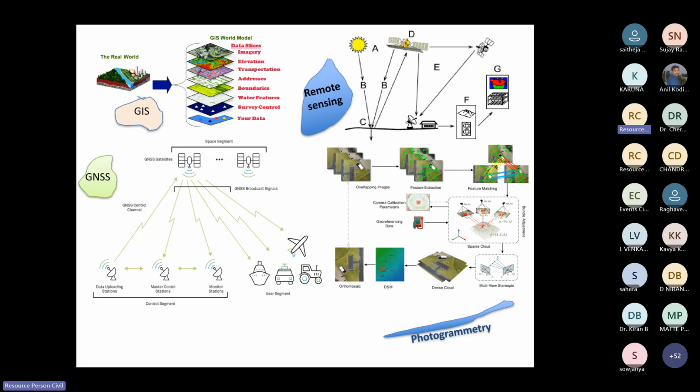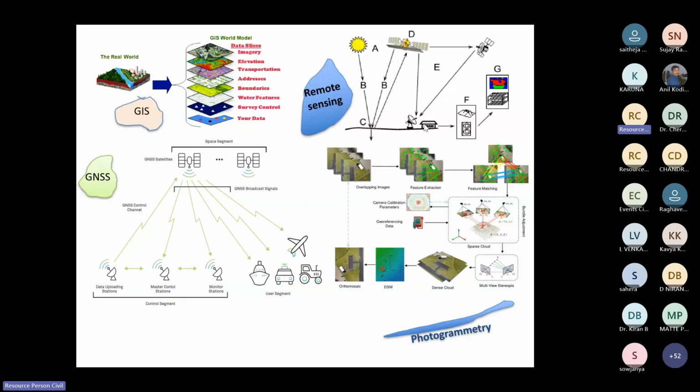How remote sensing can be obtained, how GIS can be useful, how GNSS is used, how photogrammetry works. If you look at this diagram, you can easily understand what remote sensing is. With the help of sun energy, whatever reflected or emitted energy from the terrain is recorded by the satellites, which send it to our data center in the form of signals.